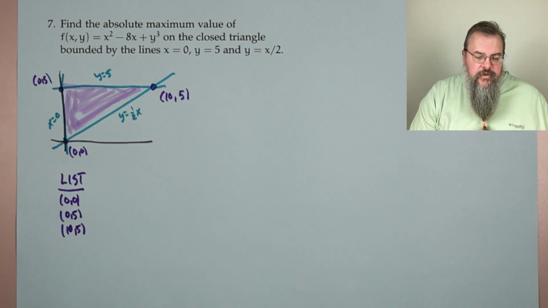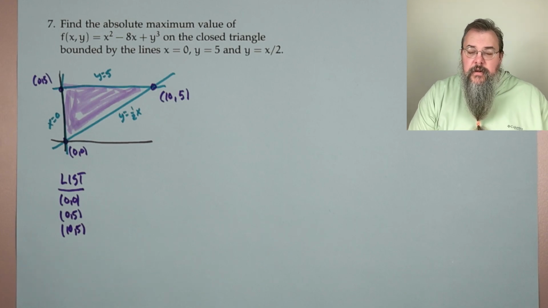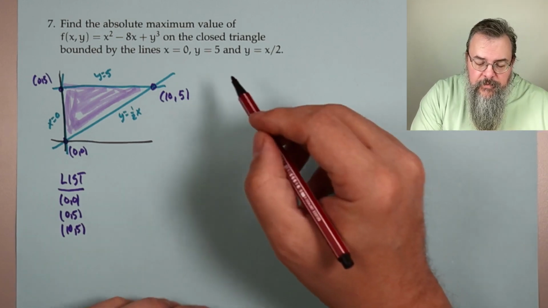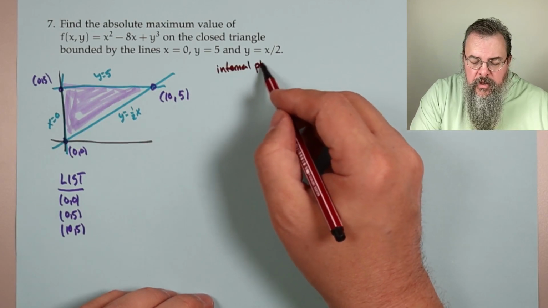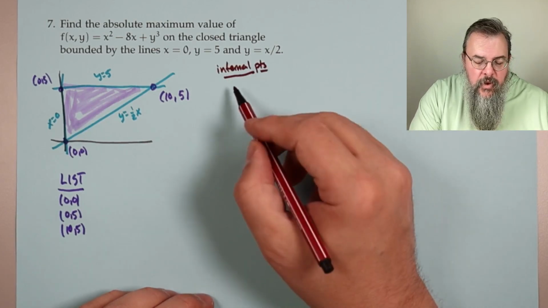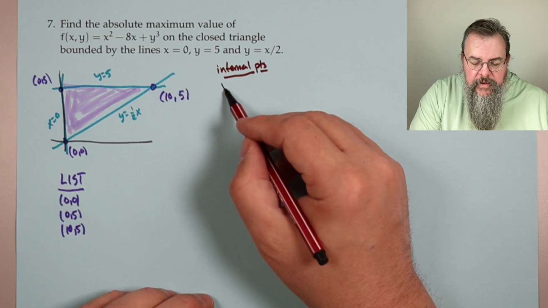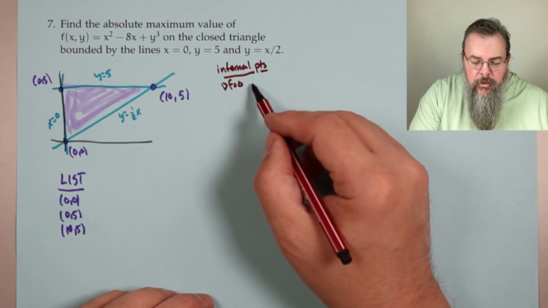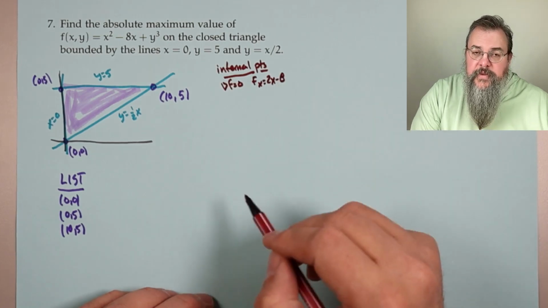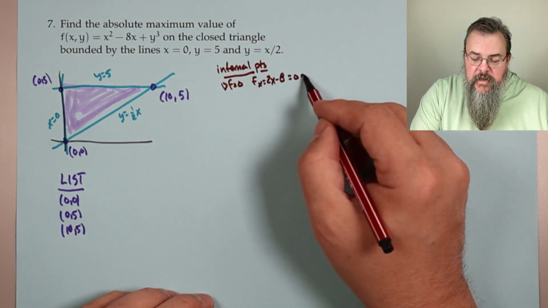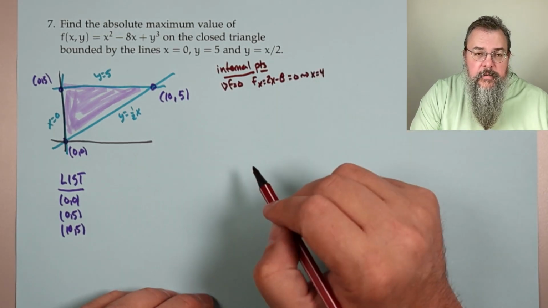Okay, so we'll start by doing a check for internal points. So for the internal points, what do we do? Well, we set the gradient of f equal to 0, or really we say f sub x, which is 2x minus 8. Set that equal to 0. That gives us x equals 4.